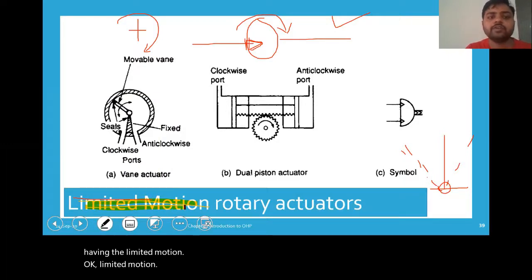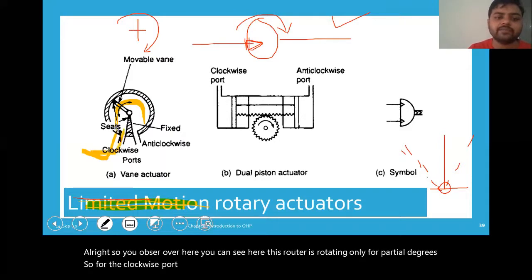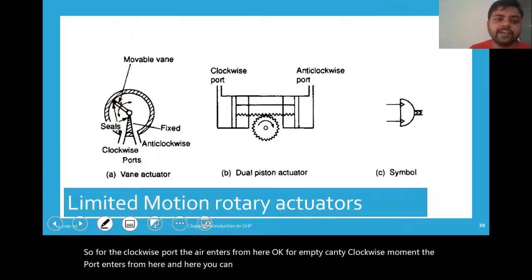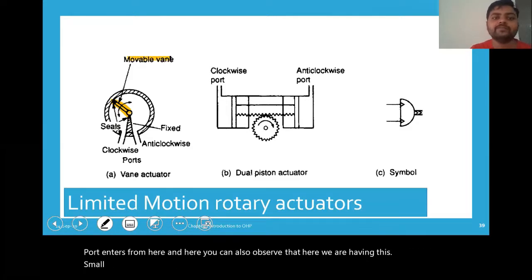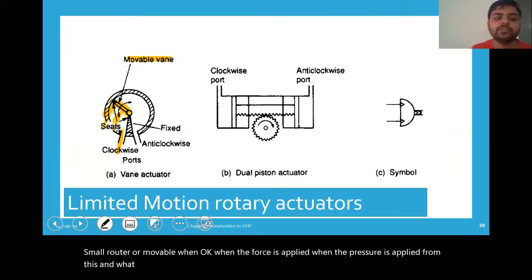All right, so observe over here. You can see this rotor is rotating only for partial degrees. For the clockwise movement, the air enters from here. For anti-clockwise movement, the air enters from here. Here you can also observe that we have this small rotor or movable vane. When pressure is applied from this end, it will produce force in this direction to produce movement in this direction.